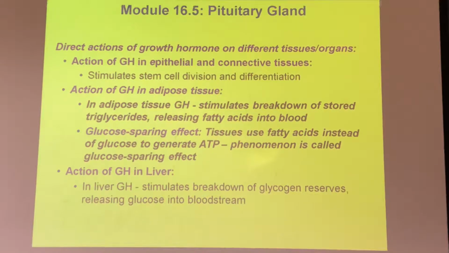There is a phenomenon called the glucose sparing effect. Tissues usually use fatty acid instead of glucose to generate ATP, and that is how they spare the glucose. They are not using the glucose, but they are using fatty acids, and that effect is called the glucose sparing effect.